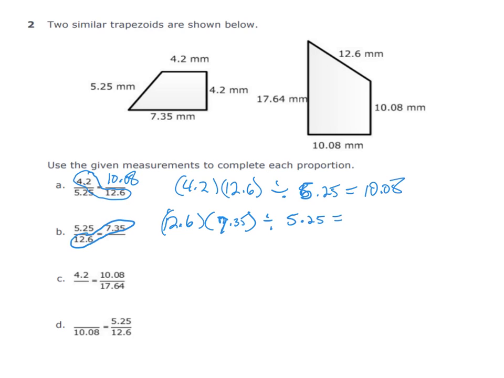Let's see what we get, and what we get goes here. 12.6 times 7.35 gives me 92.61, and I'm going to divide that by 5.25, and I get 17.64. Okay? Makes sense to me.